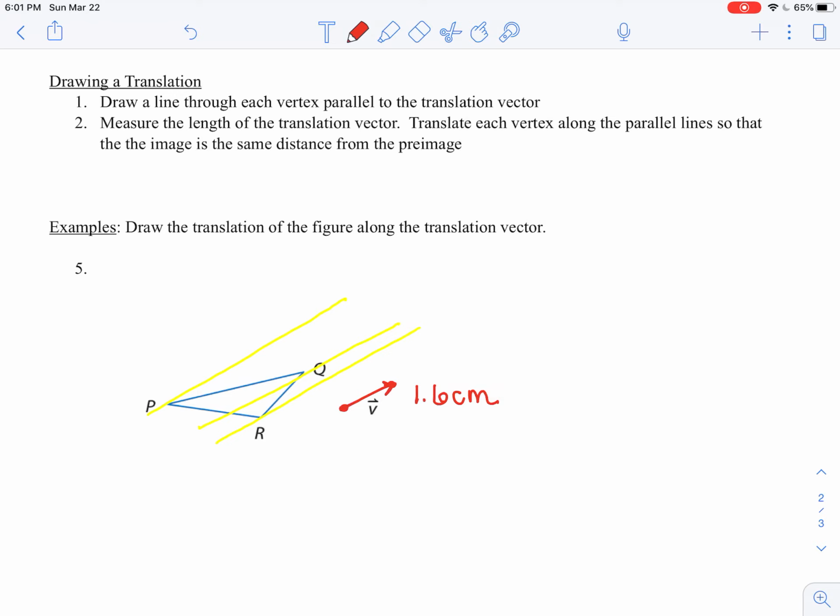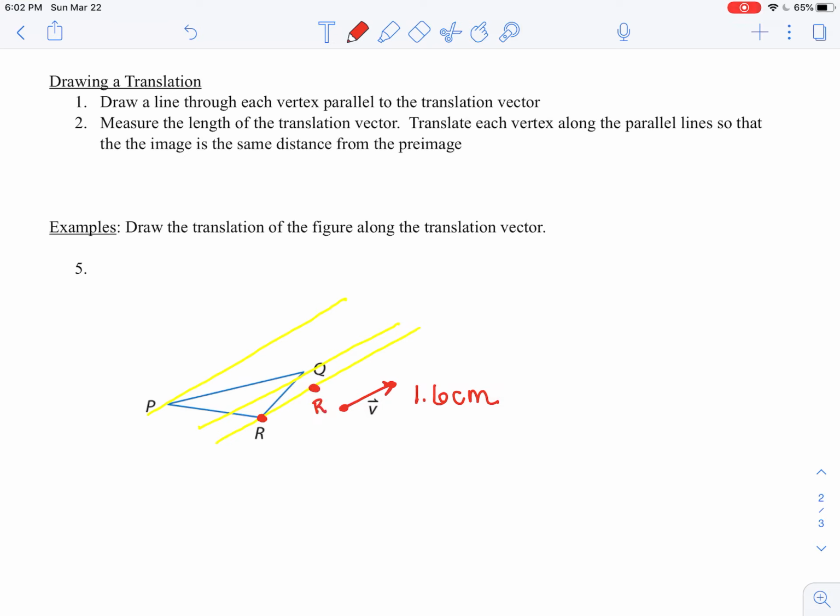So now we're going to take each of our vertices and we're going to slide them along our parallel lines up and to the right, just like our vector points, and we're going to move them a total of 1.6 centimeters. So if I were to start with point R, you would now put 0 centimeters on vertex R, measure out 1.6 centimeters, which should look something like this.